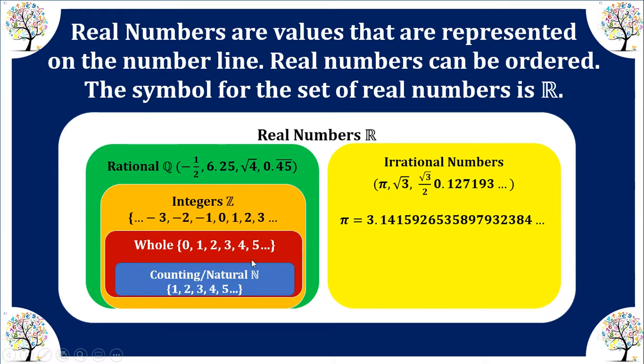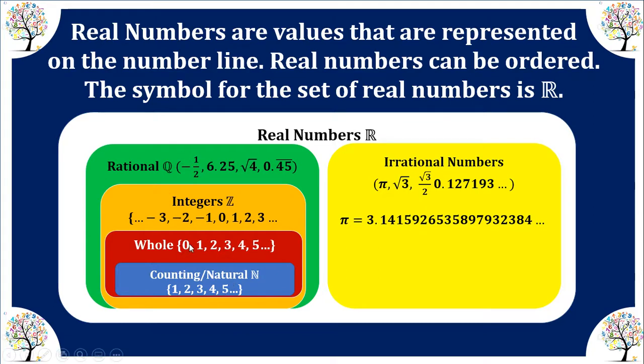Then we have the green square on the left and the yellow square on the right. And so all the ones on the left, these are all rational numbers. And you can see that there's even subsets inside of subsets. So our counting numbers, the numbers we first learned about, are 1, 2, 3, 4, and so forth, things you can actually count.